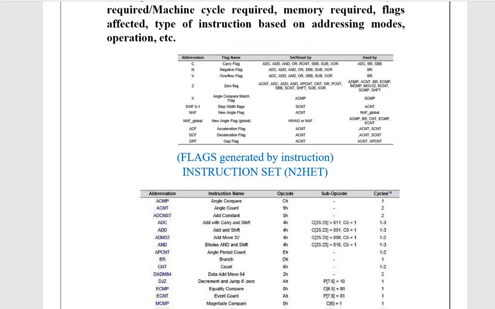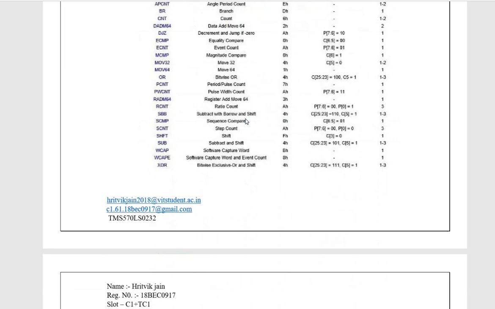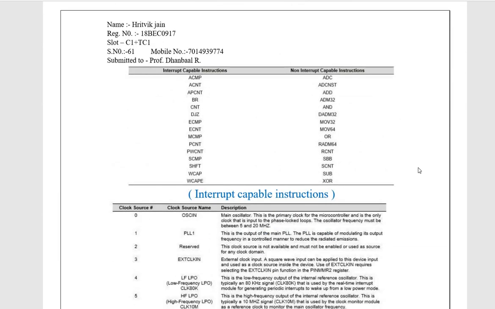This is the table of flags generated by instructions. I divided this into four parts: the abbreviation, flag name, and set or reset by. Flag names are carry flag, negative flag, overflow flag, zero flag, and there are many flags. And this is the interruptible instruction table.